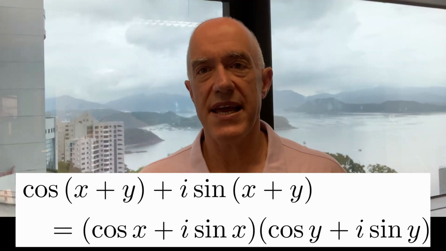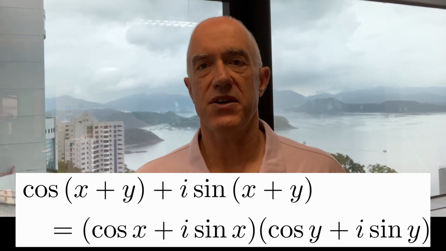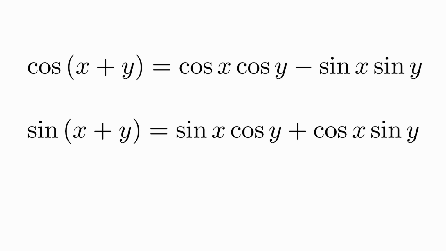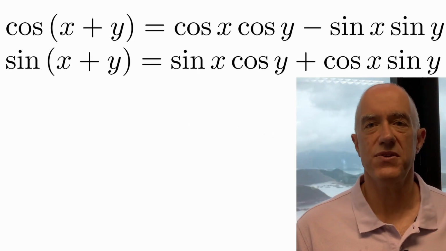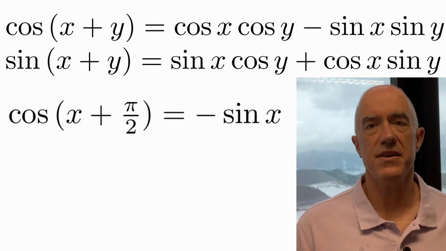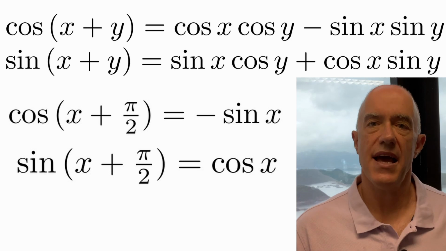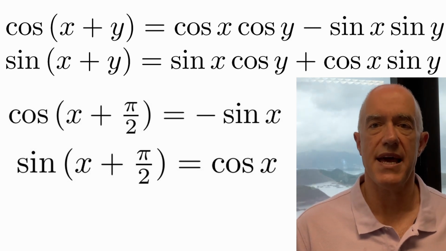Multiplying out the right-hand side and taking the real and imaginary part of this equation, we obtain the addition formulas. For y equals pi over 2, we obtain cosine(x plus pi over 2) equals negative sine x, and sine(x plus pi over 2) equals cosine x.